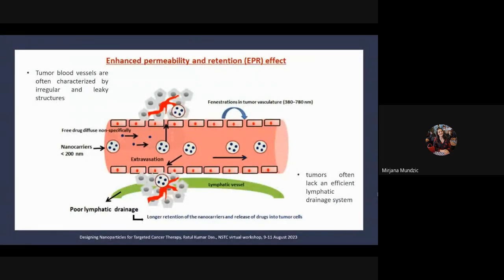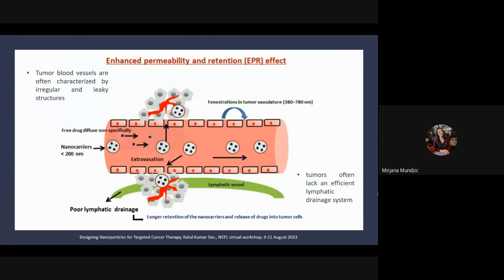Speaking of cancer and nanoparticles, I cannot miss talking a little bit about the enhanced permeability and retention effect. Both are very important. Enhanced permeability means that tumor blood vessels are often characterized by irregular and leaky structures, which allows the nanoparticles to cross the wall into the cancer tissue and spend more time inside the circulation system.